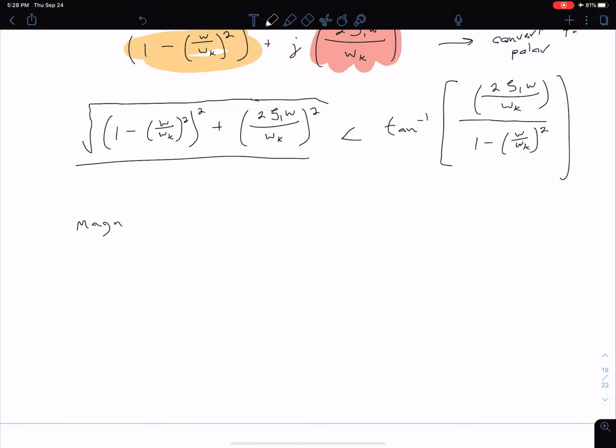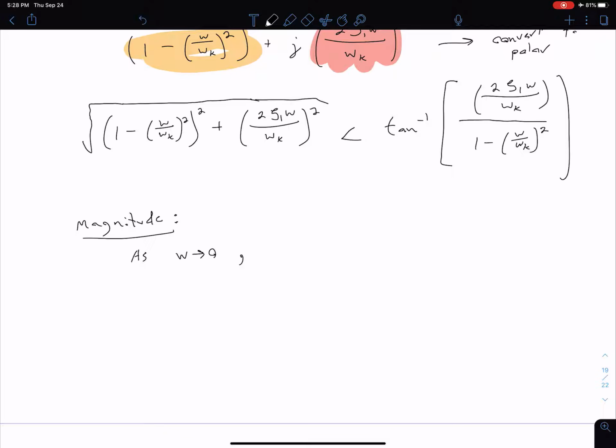Because we can't really make the magnitude any simpler, we're going to do what we've done in the past and consider some extreme cases. Let's say what happens as our omega goes to 0. As omega goes to 0, we have an omega here and an omega here, so both of those terms are going to go away, and we're just going to be left with the square root of 1 squared, not that it makes much difference.